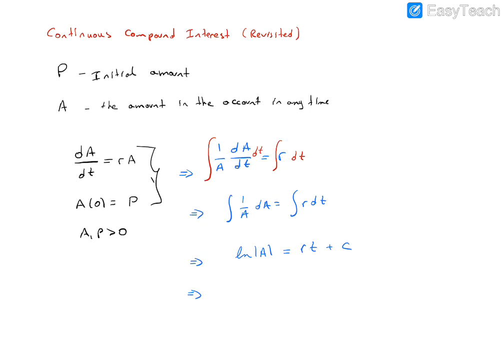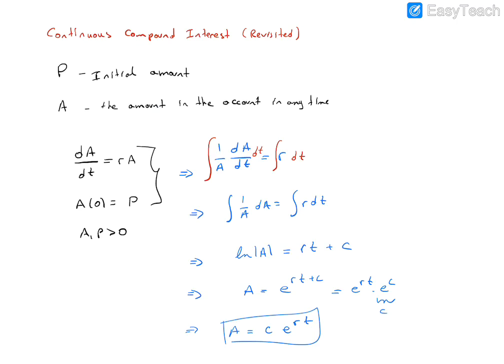So this implies A equals e to the power R times t plus C, and on the right-hand side, e to the power R t times e to the power C. You can consider e to the power C as a new constant C. So as a result, the future value equals C times e to the power R t. But we know what C is, because we know the initial value.